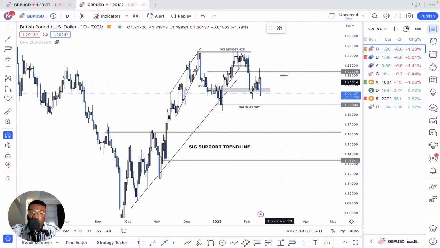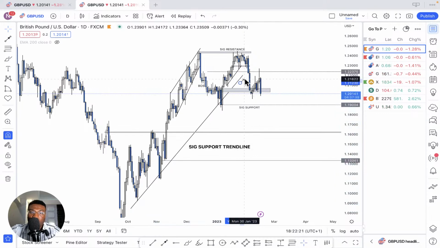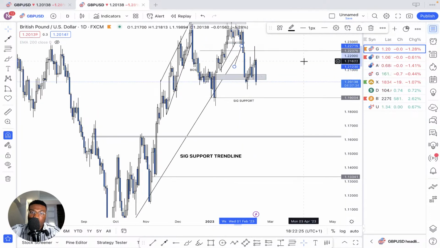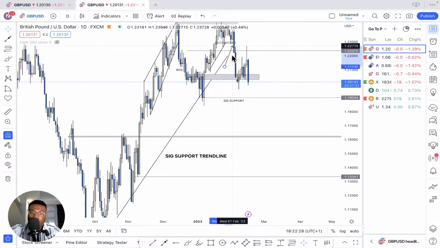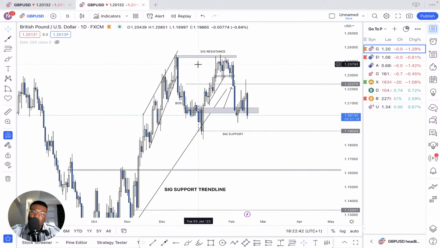So I'm going to indicate that as well. Okay, you can clearly see that the market is now trading out of this trend line, right?